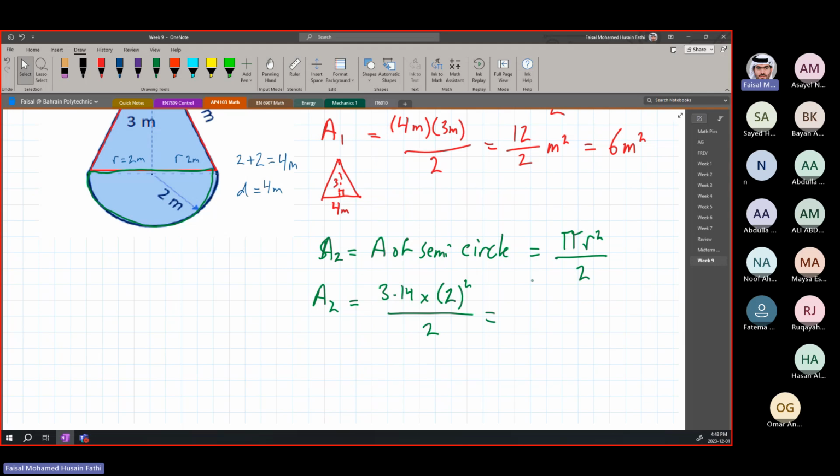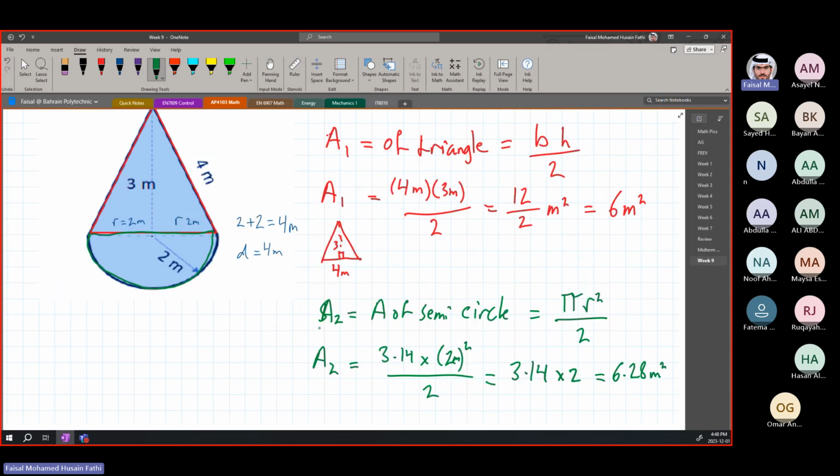So this is going to be equal to 3.14 times 4 divided by 2, which is equal to 6.28 meters squared. Or you could just plug it into the calculator and you'll get that answer, okay? Because this is 2 meters, so this will become meters squared.